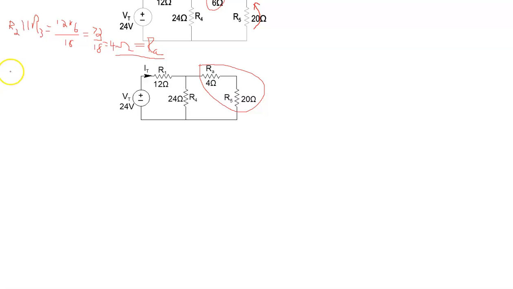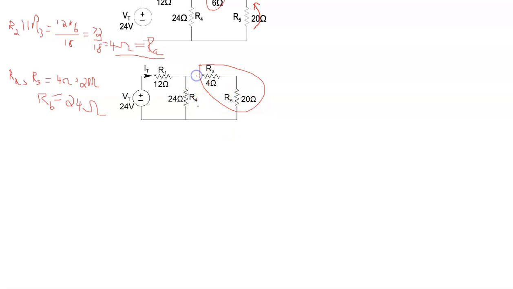And so RA in series with R5 means take the linear sum, 4 ohms plus 20 ohms, and call that RB, 24 ohms.